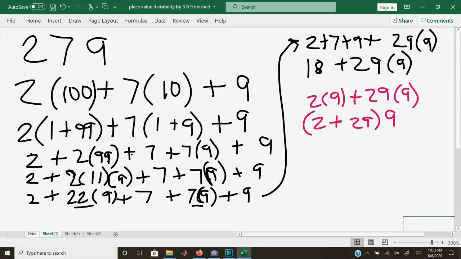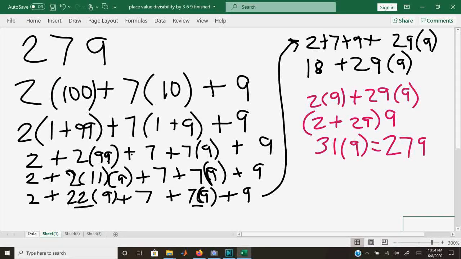Distributive property goes both ways. You can multiply inside the parentheses. You can take a number outside as long as it's the same number multiplied by both. So now I can say 31 times 9 equals 279. You can check that if you'd like.